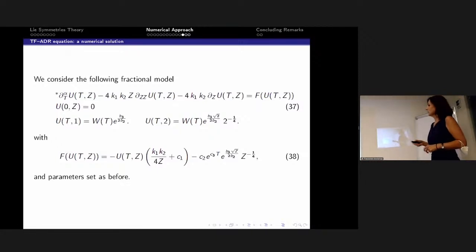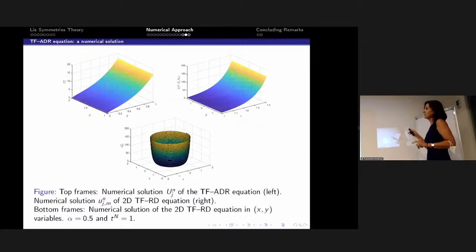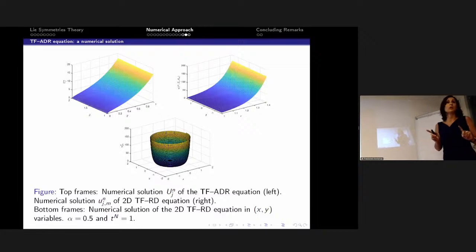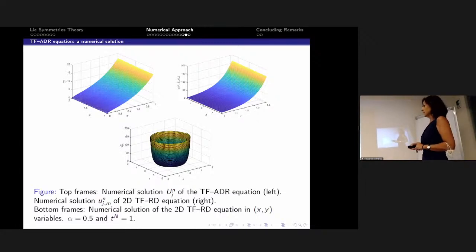Note that in this case we are not able to obtain the exact solution of the model. We report only the numerical solution as seen before. On the top, the solution of the ADR model, capital U, and on the right, the numerical solution of the original model in polar coordinates using x and y variables.